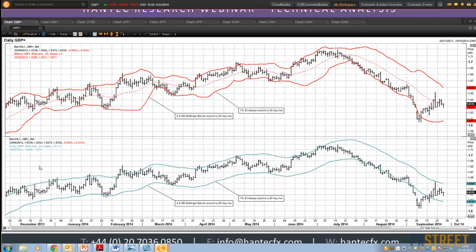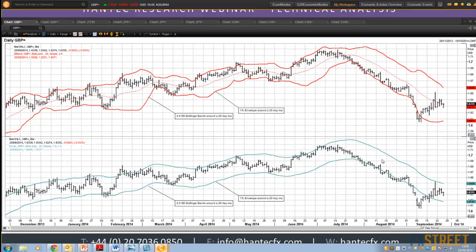The big question, I suppose, with envelopes is exactly how wide the percentage move should be, because obviously on forex, a 1 or 2% move is a fairly big move, but a 1 or 2% move on equities or maybe an index is not so much of a great move. So we need to be far more individualistic with those envelopes, and I've got here a 1% envelope around cable.